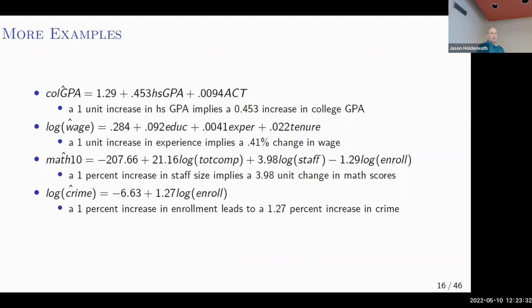And that would mean that a 1 unit increase in experience leads to a 0.41% change in wage. Just go back to that little table I had and plug that in, get your answer.